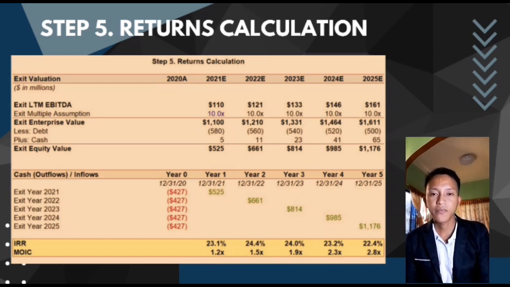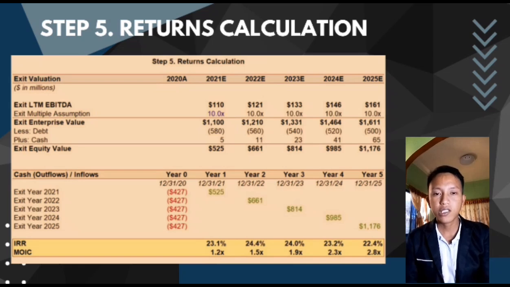In the next line, you will see the item for exit EBITDA, which simply links to the EBITDA of the given year. We will grab this figure from the FCF forecast.